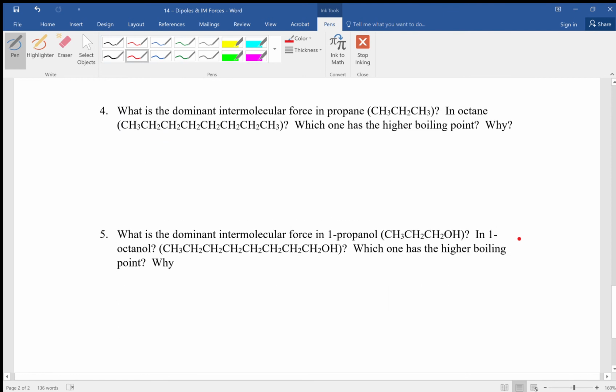Finally, we have two pairs of compounds here that have similar types of intermolecular forces, but one's going to have a higher boiling point than the other. In the case of propane and octane, these are hydrocarbons. There's nothing polar about them, so these are van der Waals forces, or London dispersion forces.